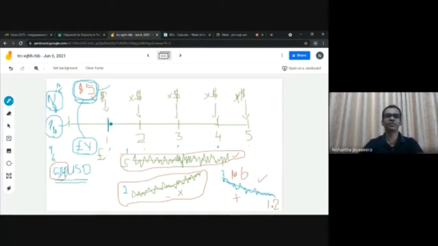If you enter into 5 forward transactions, what would happen? Then you have to meet that obligation irrespective of the exchange rate prevailing at that time. It's like you are paying interest on dollars and receiving interest on sterling.